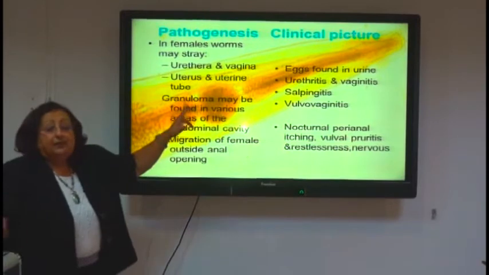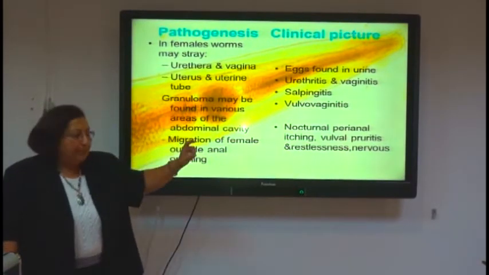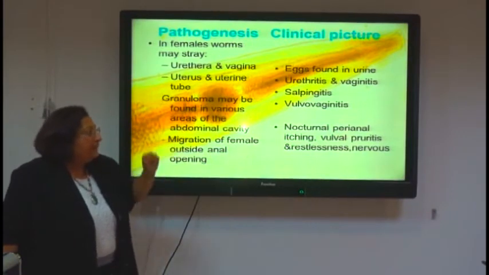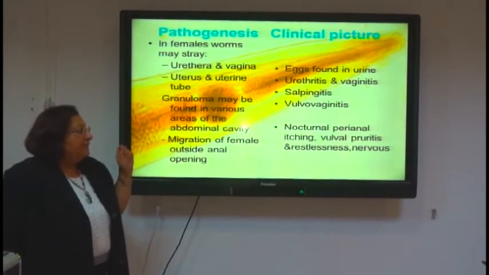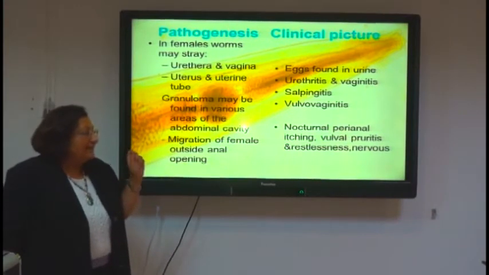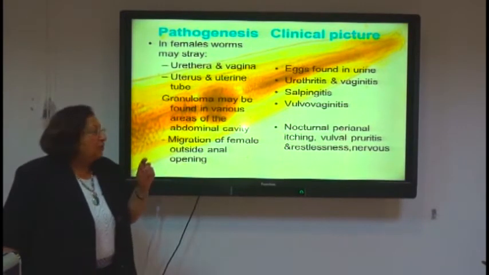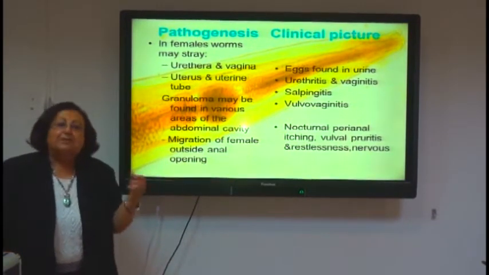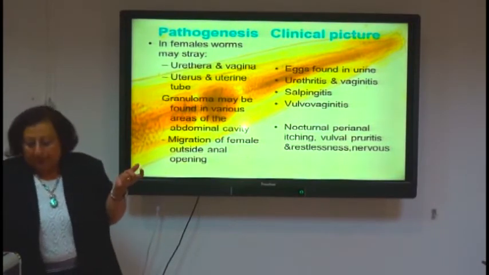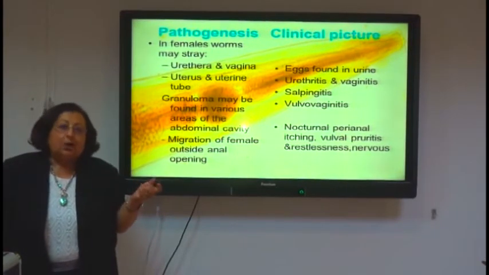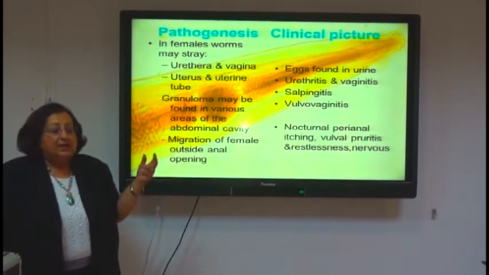If we forget everything we have just said, we have to remember that nocturnal perianal itching is an important symptom, and there is vulval pruritus, restlessness, and nervousness in this child. Because of the irritation, he becomes restless and nervous. Mothers come to the outpatient clinic and complain that their child is restless at night.